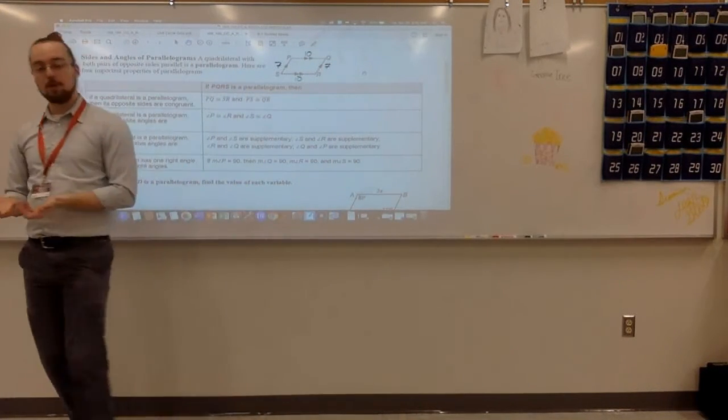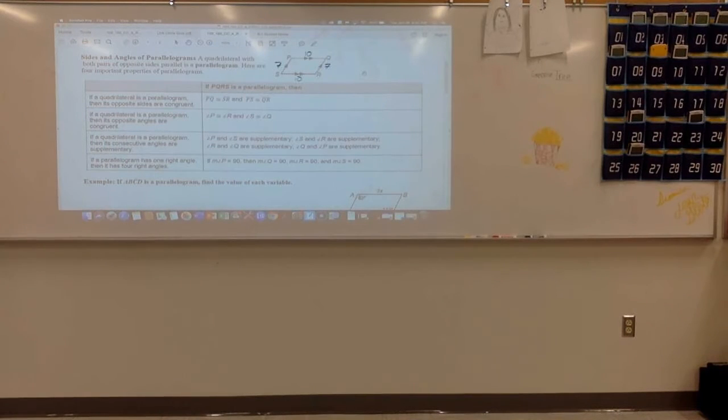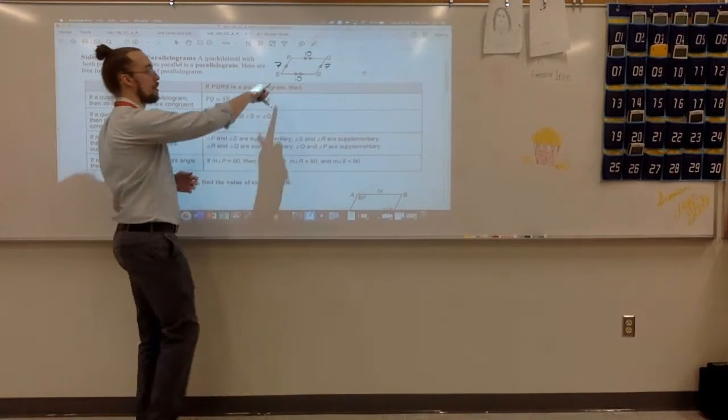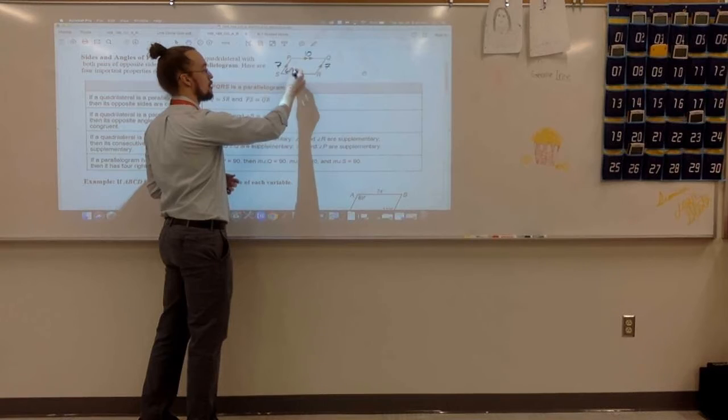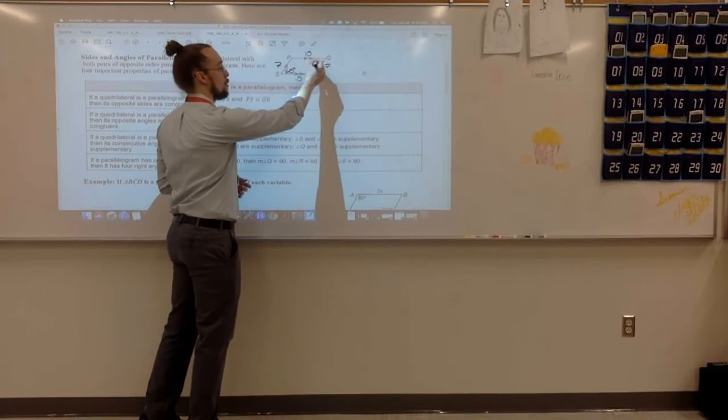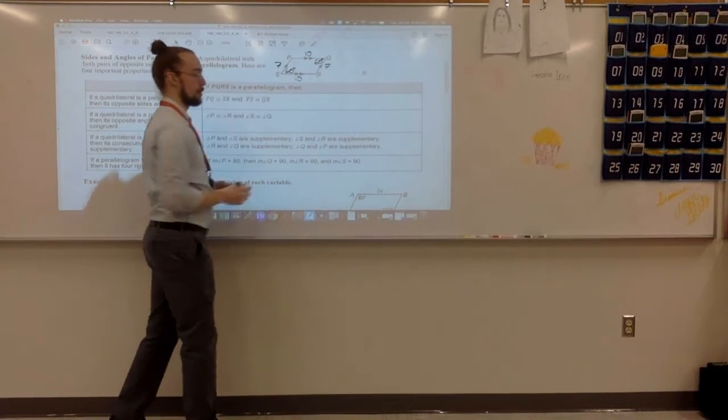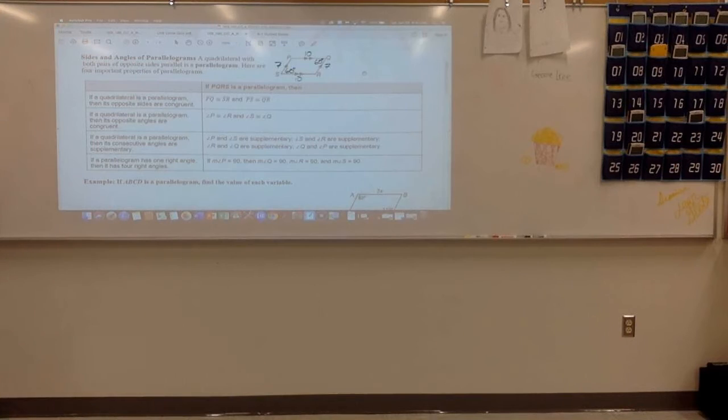Opposite sides of a parallelogram are congruent. The next property is that opposite angles are also congruent. Okay, so, for example, if we know that angle S is 60 degrees, then angle Q is also 60 degrees. Okay? Opposite angles have to be exactly the same.